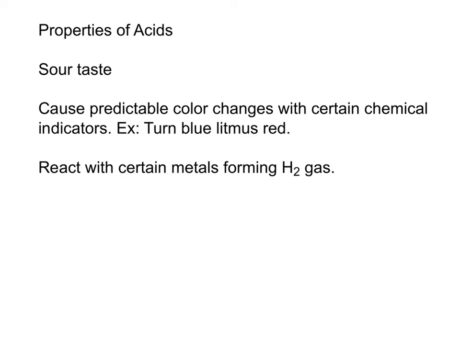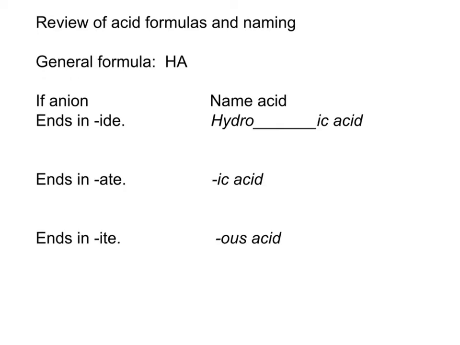All right, so let's move on and talk about naming of acids. To review acid formulas and naming, the general formula for at least most acids is going to be H, the element hydrogen, in an ionic compound with some anion, and we just put the generic letter A to represent the anion. How an acid is named is based on what anion the hydrogen's partnered with.